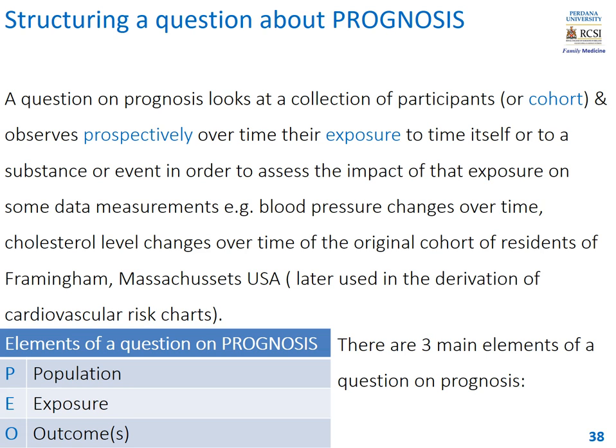In a prospective or inception cohort study, you have a population and then you follow them over time. The exposure could just be time. And you want to see the outcomes.